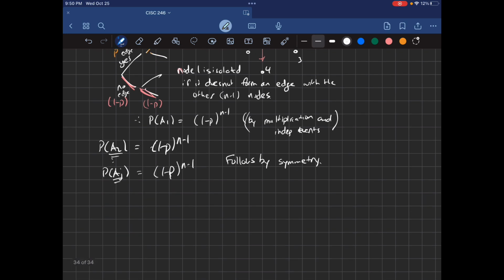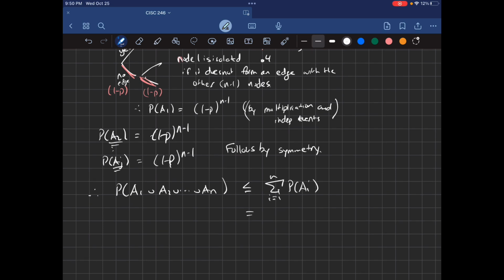So therefore, A1 union A2 union An is less than or equal to the sum of those events, and that's equal to n times 1 minus p to the n minus 1, because there's n of these Ai in the sum, and each one is 1 minus p to the n minus 1.